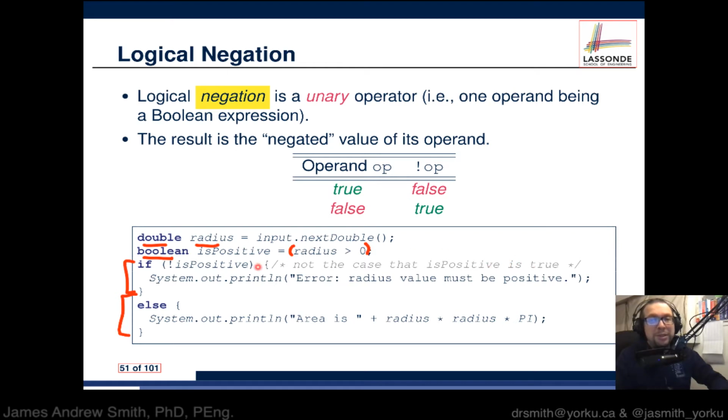If it turns out that isPositive is true, that is, radius was greater than 0, then this won't be executed. It will only happen if isPositive was found to be false. Then the false becomes a true due to the not, and then we execute. Otherwise, what's in the else will be executed.